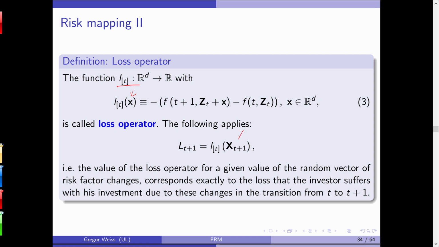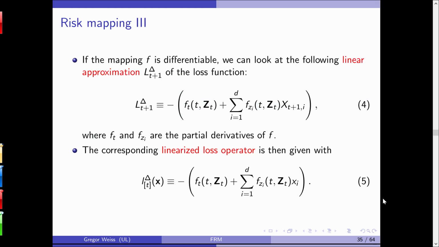So, for example, we have a given set of changes in risk factors. If we insert it into the loss operator, the result is the financial loss in the future in L, in t plus 1. So the value of the loss operator for a given value of the random vector of risk factor changes corresponds exactly to the loss that the investor suffers with his investment due to the changes in the transition from t to t plus 1. It's just important for modeling purposes.